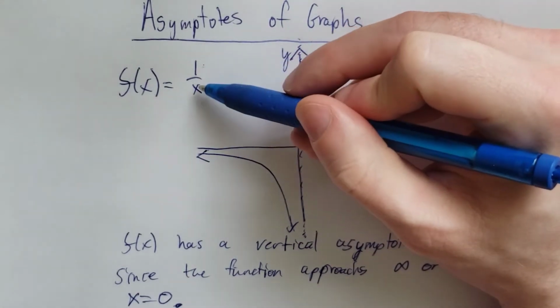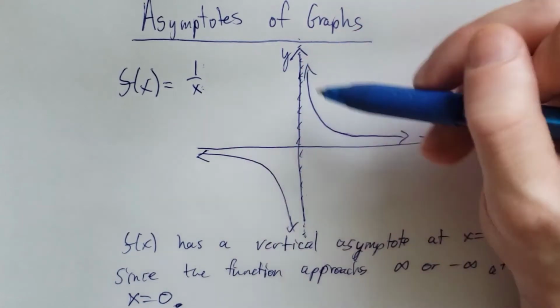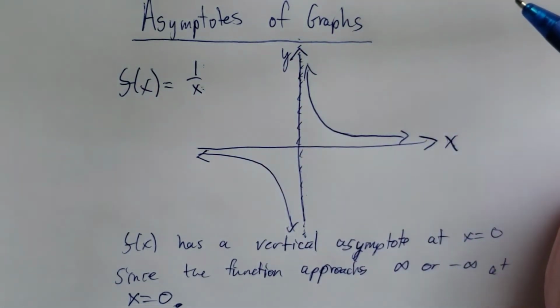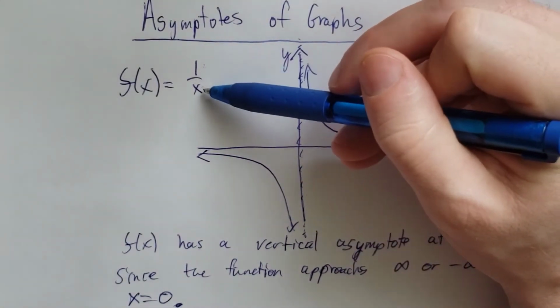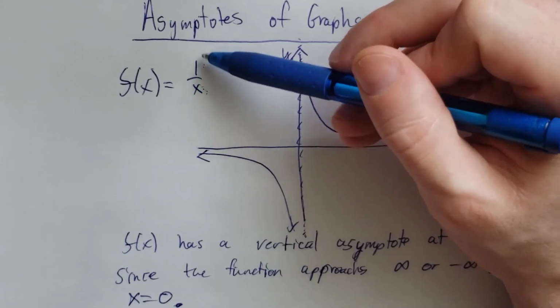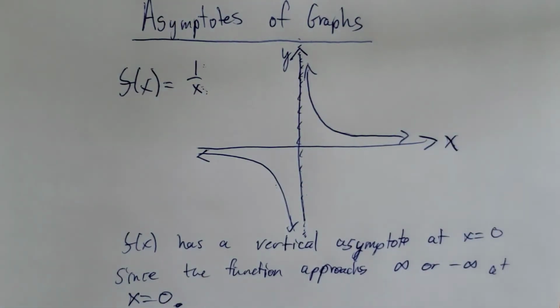And so we get 1 over a very small but positive value. And so this goes off towards infinity. Then from the left, we get 1 over a very small value in size, but it is negative. So 1 over a very small negative, then this approaches negative infinity. And that's actually how we want to solve these problems analytically.